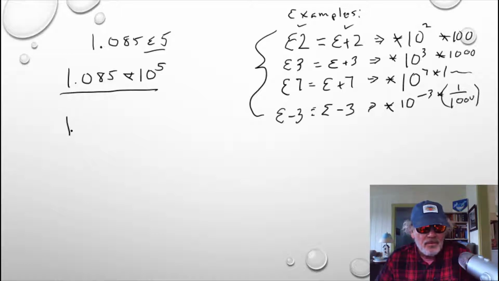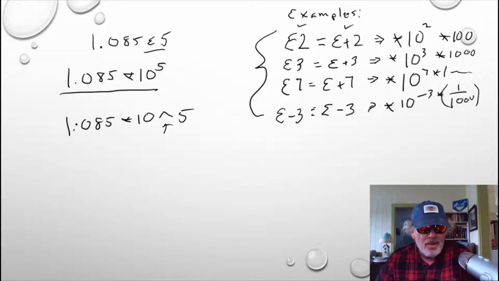Most calculators, you can put it in like this: 1.085 times 10 with an upside down caret, that's called a caret, 5. And we used this before in Excel, and we used this before in our calculators.